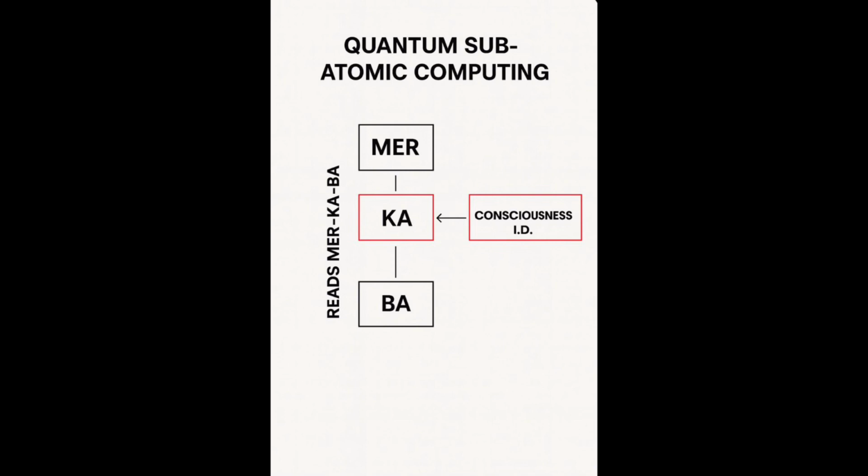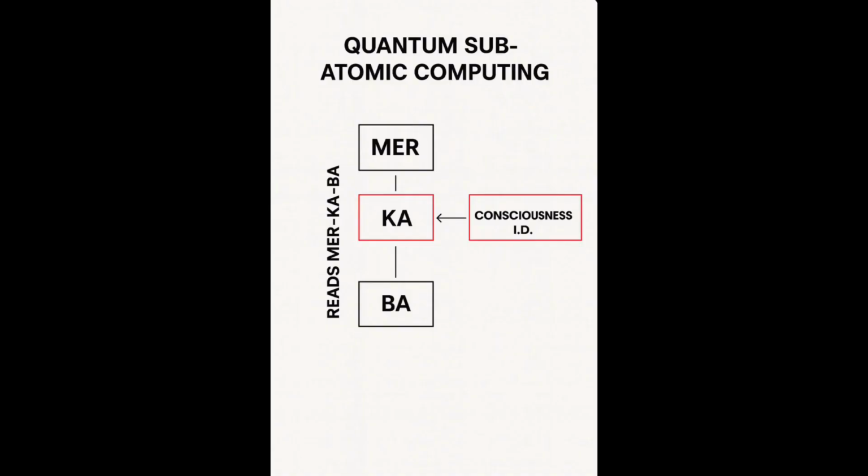And I said, why will it only read the car and not the Merkaba? They said, because the consciousness ID will read the emotional blueprint of your car, because this is your emotional reflection, your emotional energetic twin.